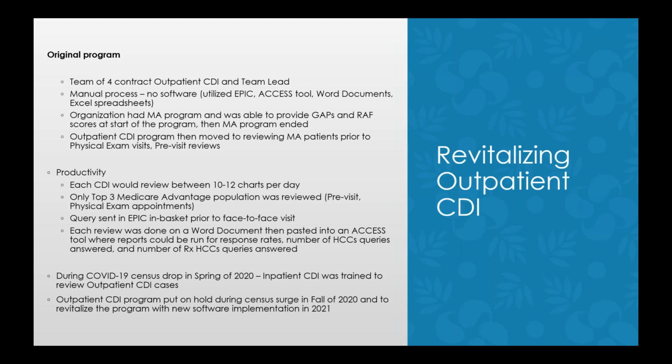And because it was such a manual process and no software, things like that, we would review between 10 and 12 charts a day. And with those 10 to 12 charts that we review, we would look back about 18 months to 2 years to see, okay, what was previously documented and coded that needs to be brought forward to this calendar year.